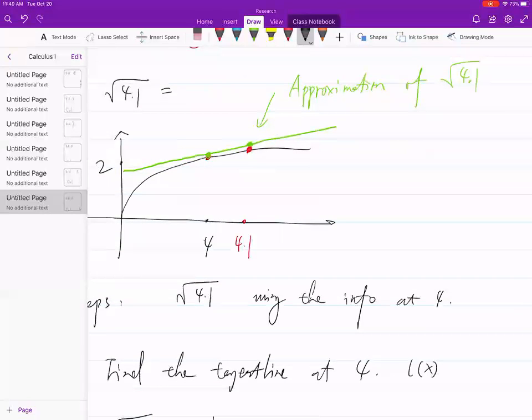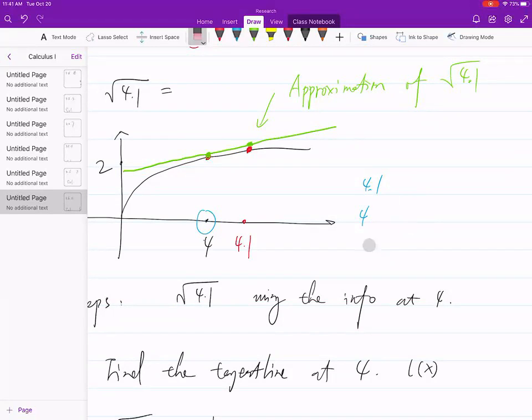The closer you are to this 4, for example, I did 4.1, but if you want to approximate 4.05 using the same method, this one is going to be more accurate because you're closer to 4. Still okay? 4.01 is going to be super accurate because you're even closer to 4. The closer you are to this position, the better. That's roughly the idea of linear approximation. We approximate the function with a line. Sounds good?